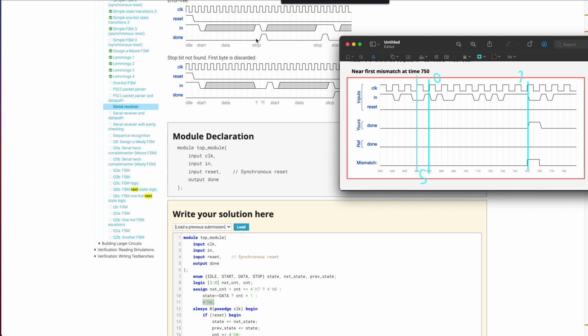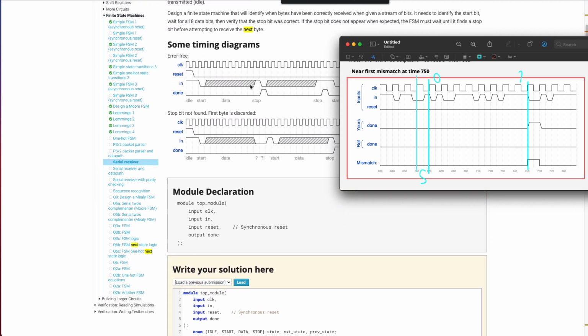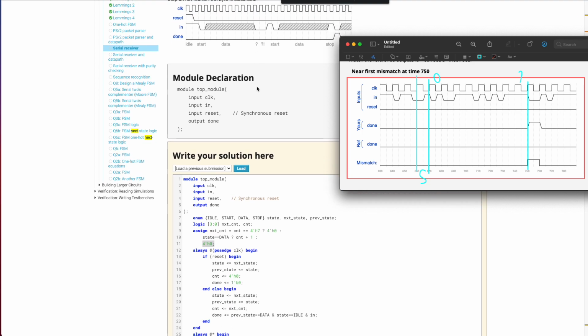I see. So here there's an extra cycle. So previous state is data. Actually, that's not right? So it's true in this cycle that in is 1. And then so actually this done here is driven by this cycle's information.